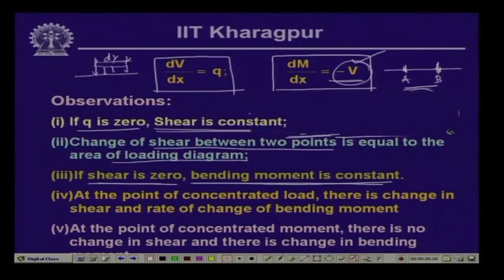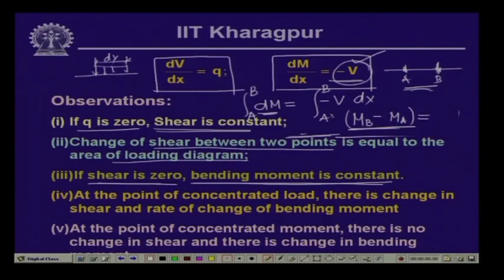Here, if you integrate again, integrate dM over the region A to B, this is equal to integral of minus V dx from A to B. Now, here integral dM from A to B is the bending moment at B minus bending moment at A. So, the differential bending moment between B and A is nothing but this, and V could be a function of x as well.